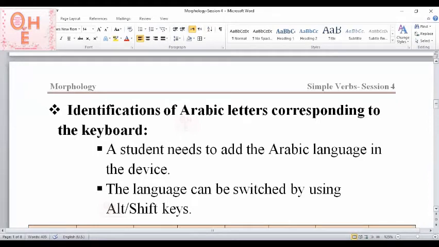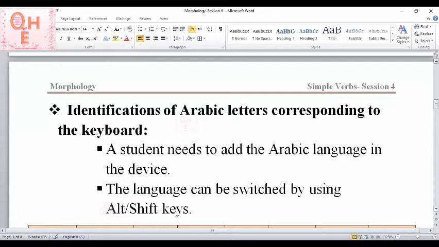Before we look into the characters that we need to type on the English keyboard to type Arabic letters and signs, let's go over some general information. A student needs to add the Arabic language in the device. So if you do not have the Arabic language in your device, please add it, because you need it to type the Arabic letters.